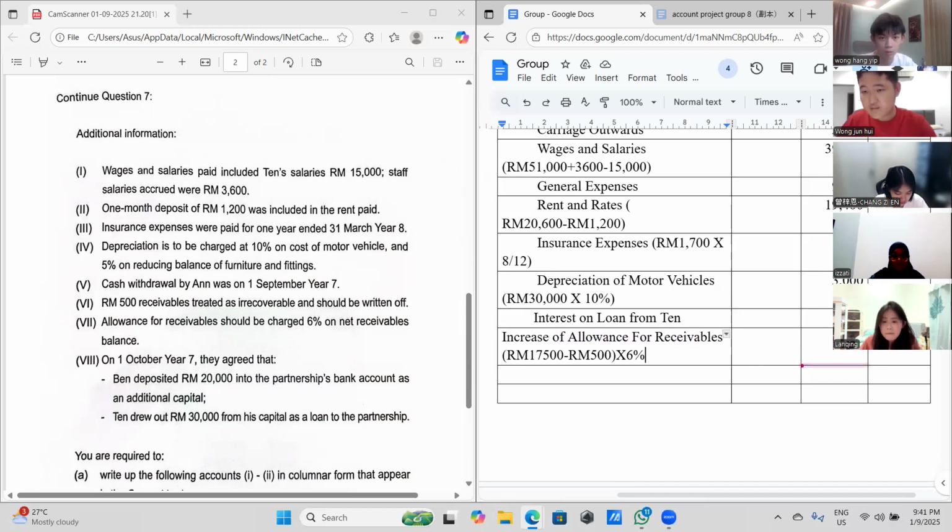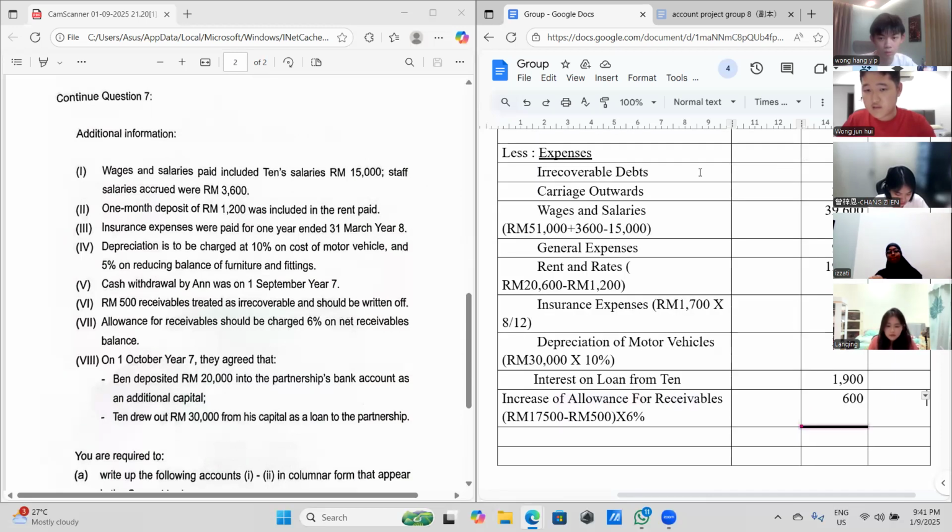Then we must plus it all from irrecoverable debts to this increase of allowance for doubtful receivables, then we get 78,575. After the calculation, we get 29,345.